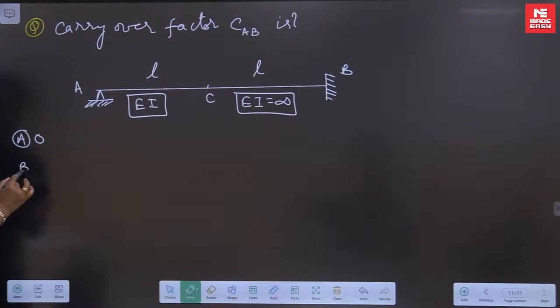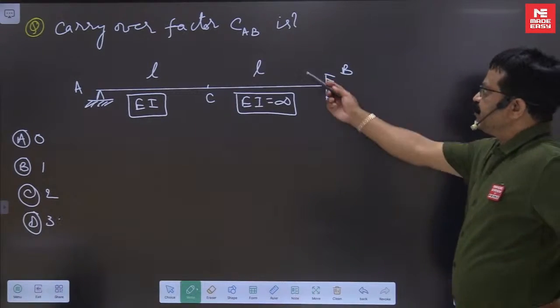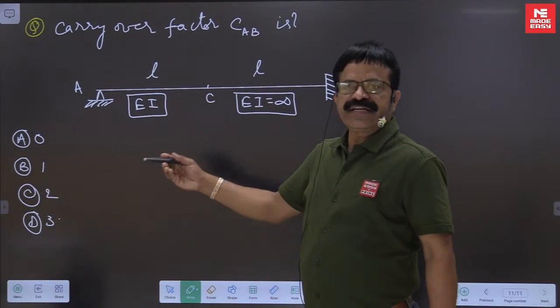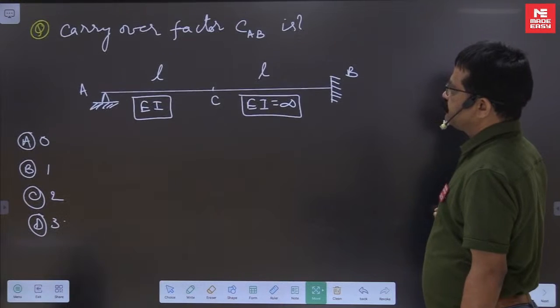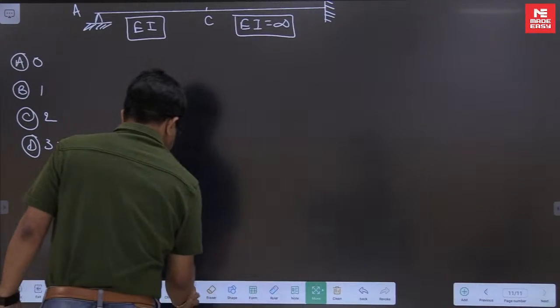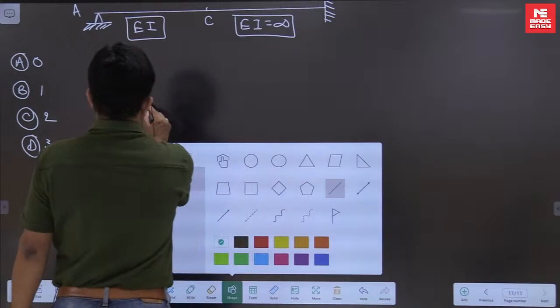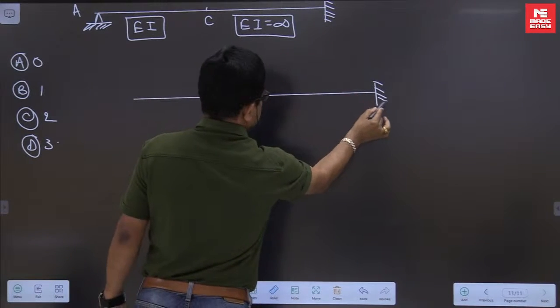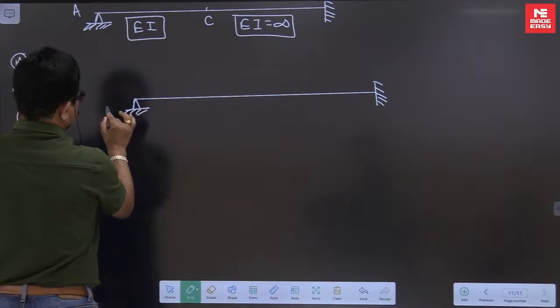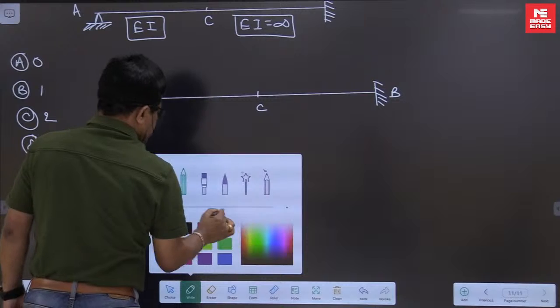Now the carryover factor you are asked to find, let us say. Carryover factor means the ratio of the carryover moment and the applied moment. Now when it comes to this one, A, B, C, you have to apply some moment here.